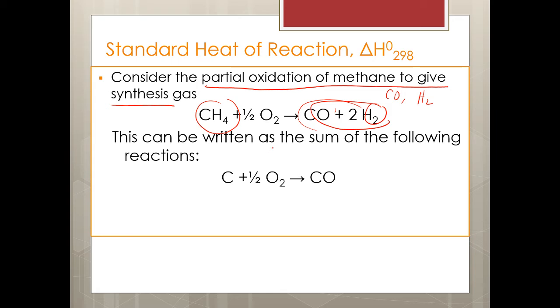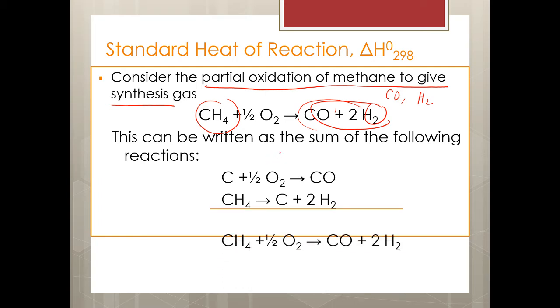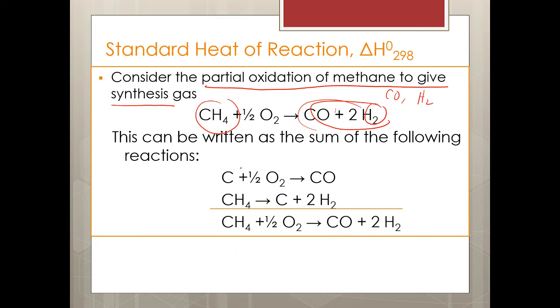We can write it as the sum of the following reactions. Yan. So, C plus 1/2 O2 equals CO, tsaka CH4 magiging C plus 2H2. So, pag sinama natin yan, yung left side tsaka yung right side ng arrow, magiging ganyan.